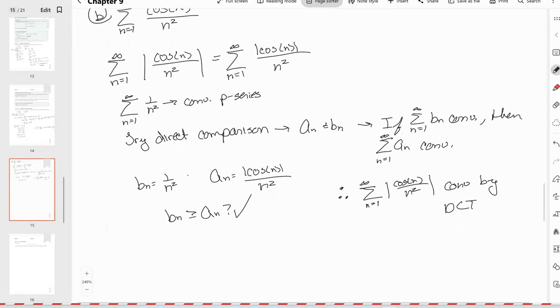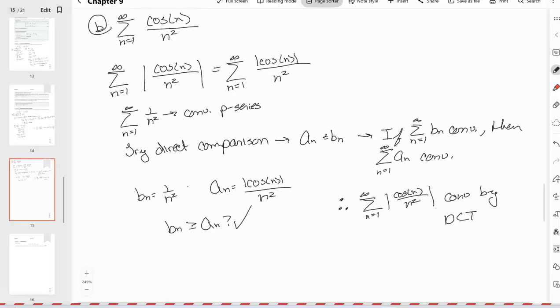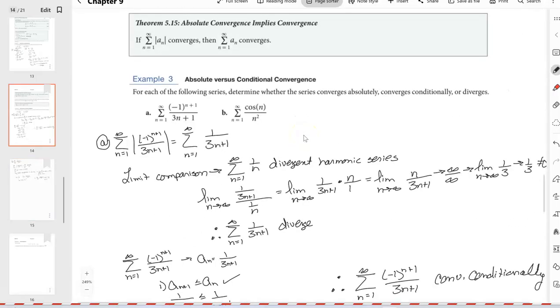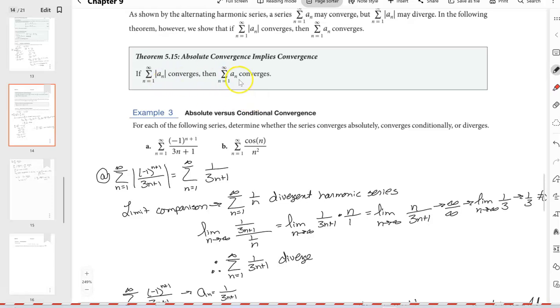So now let's look at the original sequence. Actually, we don't even have to look at the original sequence, because since we know that the positive is always going to converge, then our theorem up here said that the original series has to converge also.